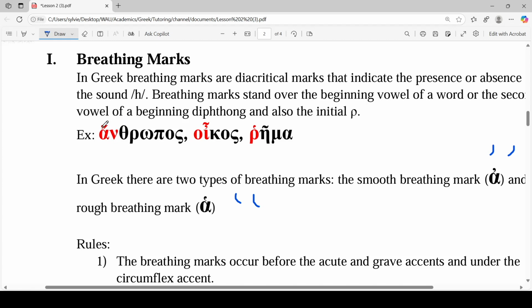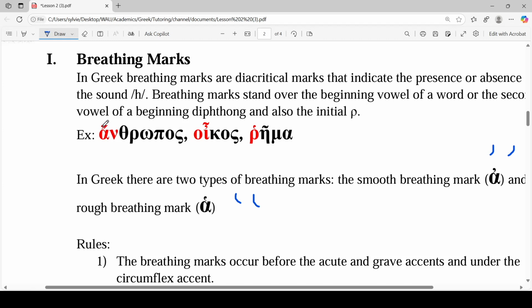So some people would draw the smooth breathing mark like a grave accent, and the rough breathing mark like an acute accent. Here we have this little curve-like form, little comma-like sign that is a breathing mark.